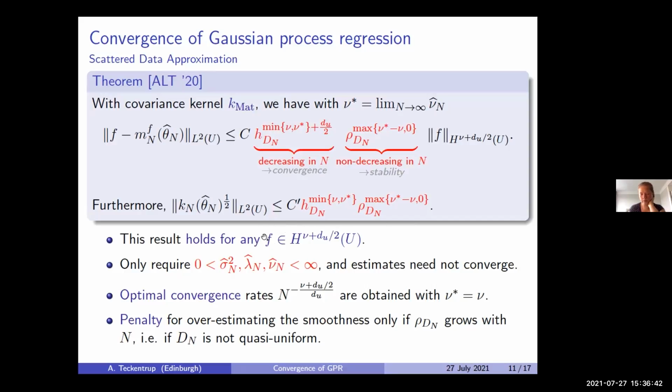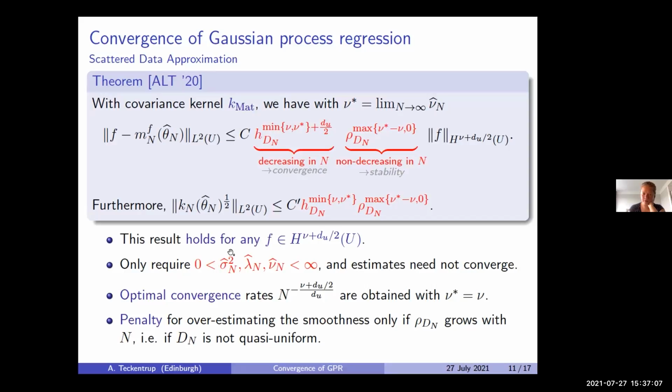So you need some regularity assumptions on f, but not too strong. For the estimates of the hyperparameters, you don't have very many restrictions. One important point is that they do not need to converge, and these parameters do not need to be identifiable. That is not an issue.